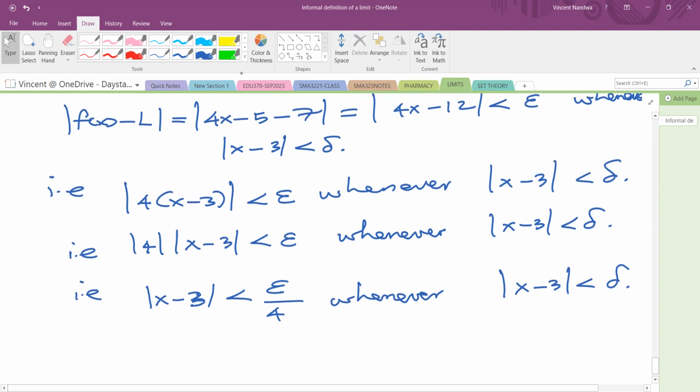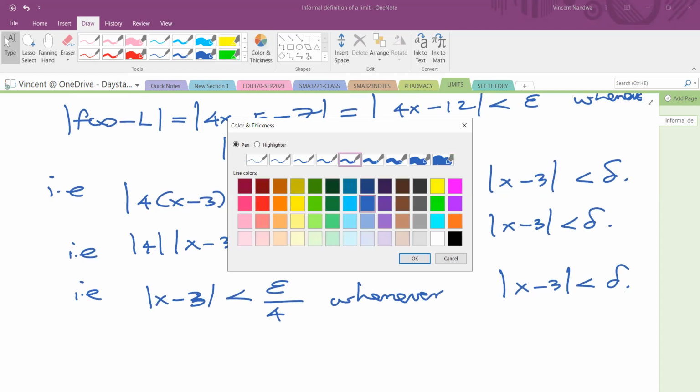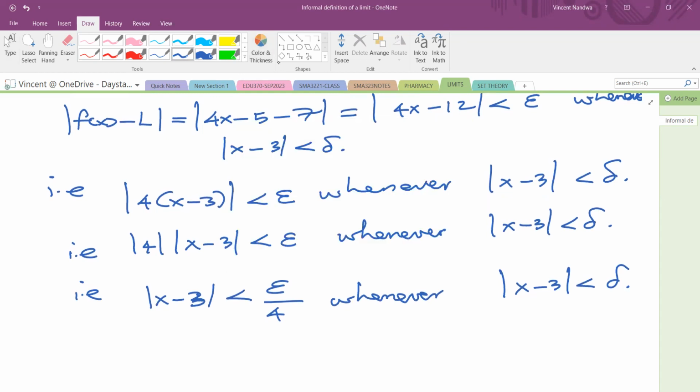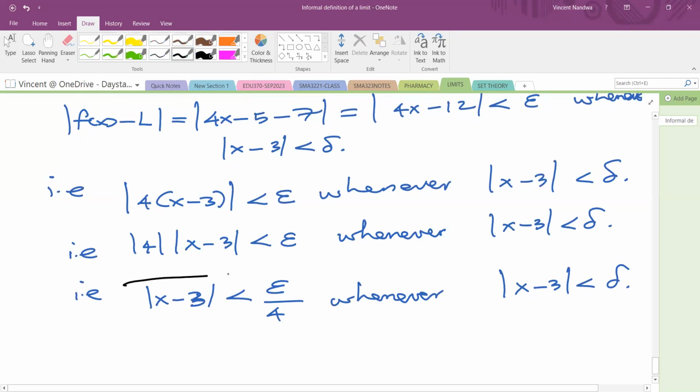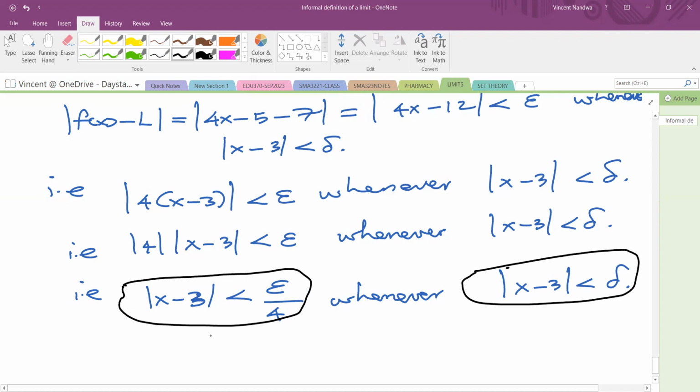It should be obvious from these two relations that delta is the same as epsilon over 4. That's how the two quantities epsilon and delta are related.